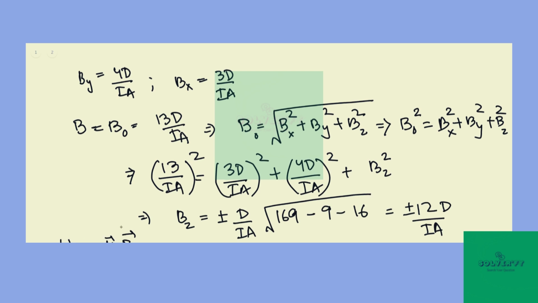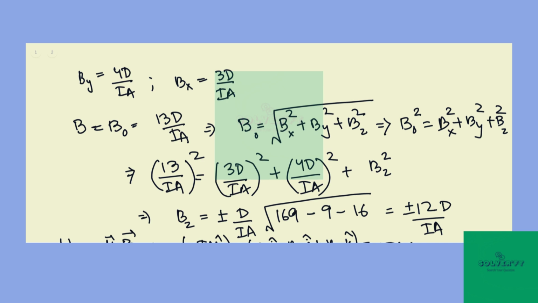So let's see what we are getting for the potential energy using the values of mu and B that we have. So mu is basically negative IA k cap dot product with Bx i cap plus By j cap plus Bz k cap. And this gives U to be positive IA Bz.